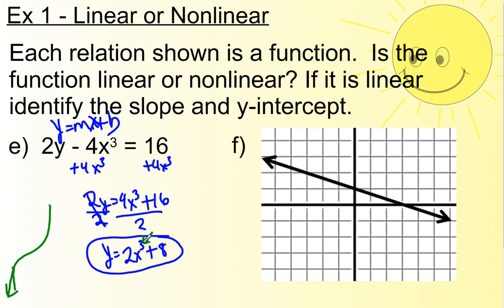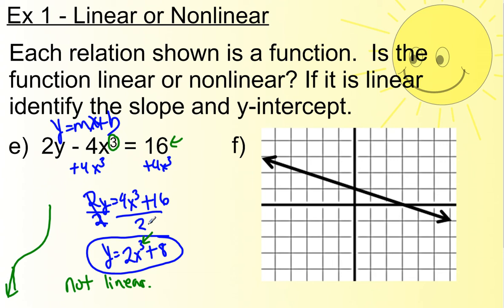For it to be linear, the power of all the variables, the x and the y, have to be 1. And the way you can tell very easily, I could have said from right here, it's not linear because of this power. All the powers on the exponents have to be 1. If they're greater than 1, it's not going to be linear. Simple as that.